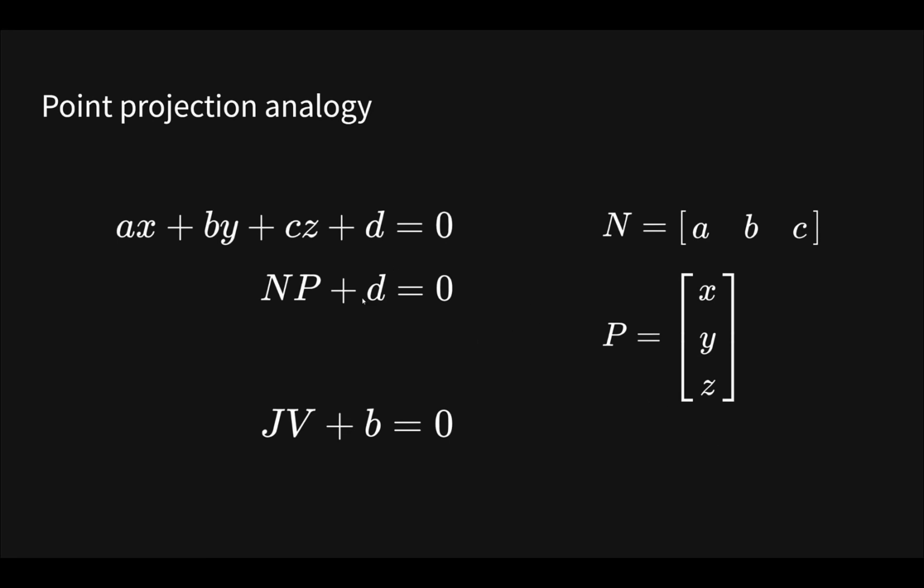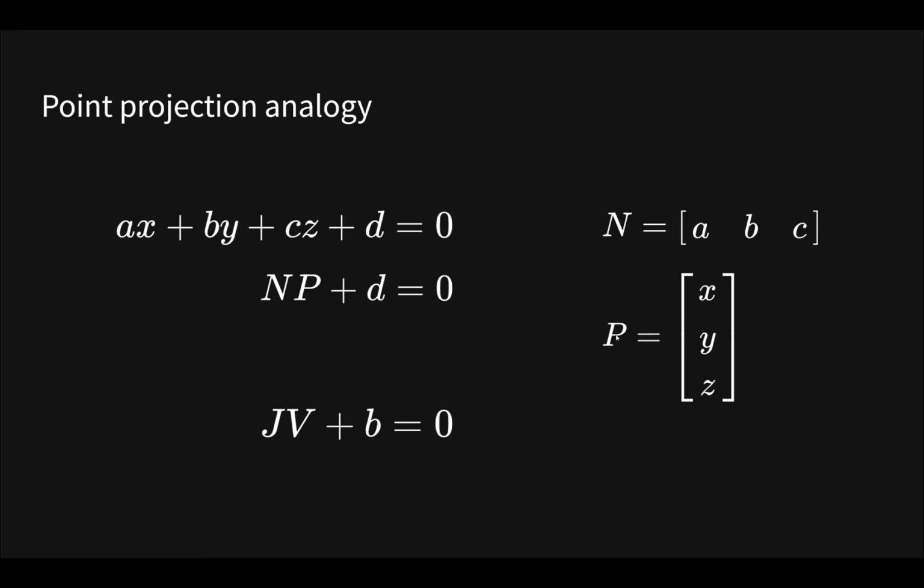Now, if you imagine that we have a point that doesn't lie on the plane, so this doesn't equal 0, then the best way to make this point go on the plane is to project it onto the plane, and you can do that using the normal.